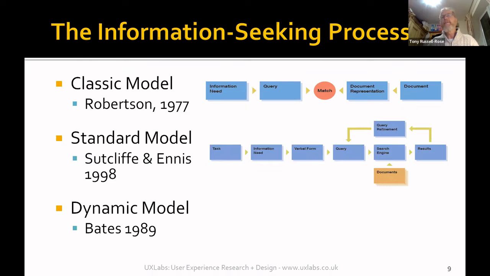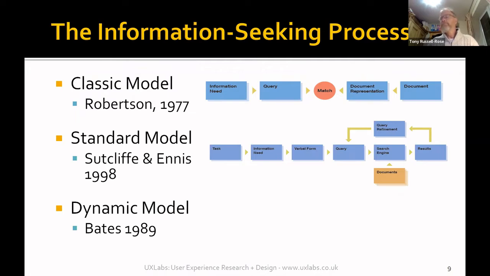So it has a slightly more indirect representation of the user here through a task, which gives rise to an information need, which is verbalized as a query. And then you get your search engine with the document collection, and you get your results, and then a process of query refinement, which returns back to the query, and you've got a loop there.